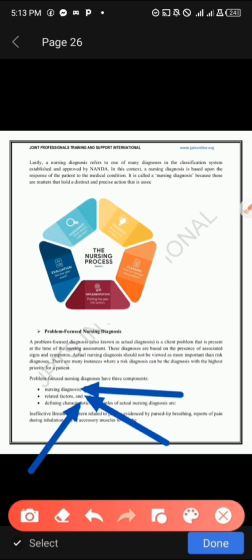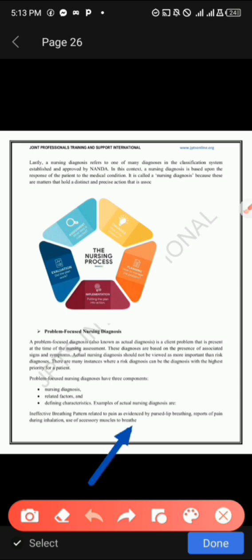Examples of actual nursing diagnosis are ineffective breathing pattern related to pain and evidenced by pursed-lip breathing. This is talking about how the patient breathes. At times, when you check the patient's breathing, there is bad breathing. That's why at times at the hospital they need to put in oxygen to support their breathing.